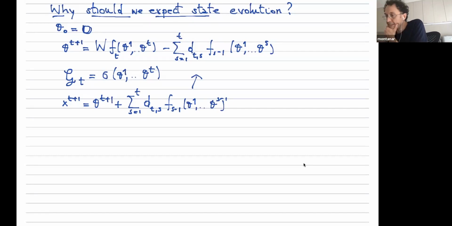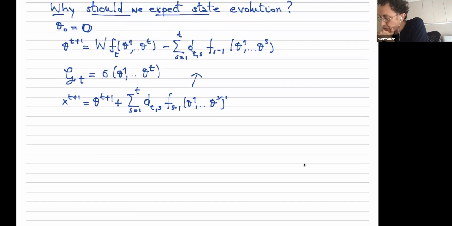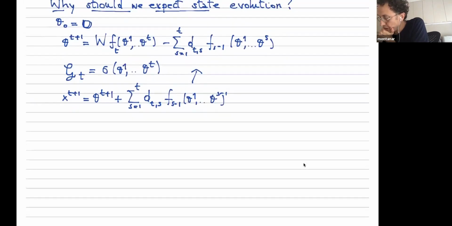So this x is a vector. And this equation, in terms of this vector, you can write as x_{t+1} equals W f_t, and let me call this the vector f_t.